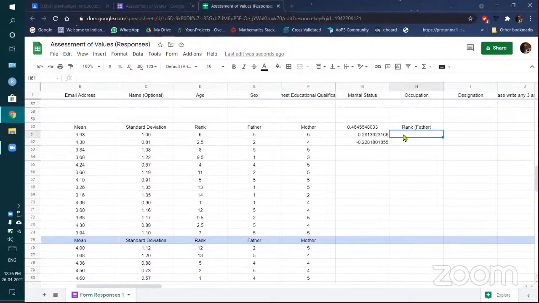Sir, so the rank of the first one should be 1 plus 2 plus 3 plus 4 plus 5 plus 6 divided by 6, right? Right.